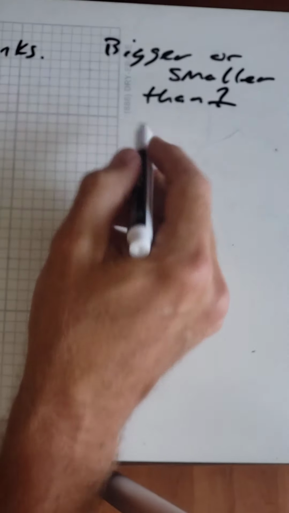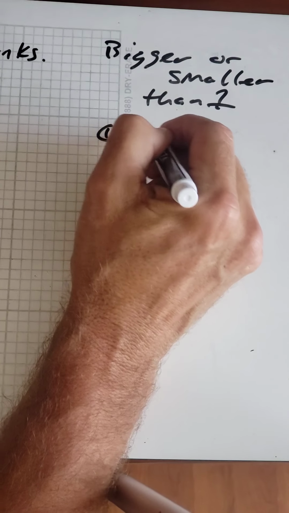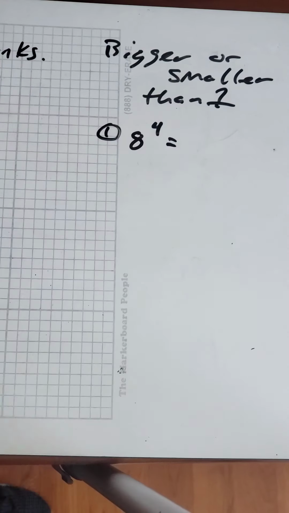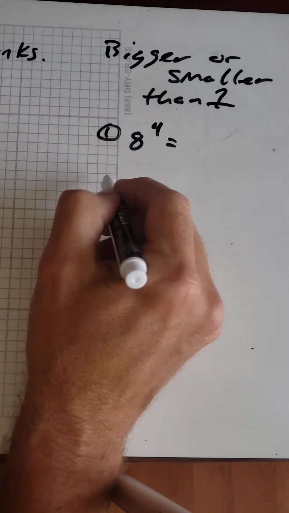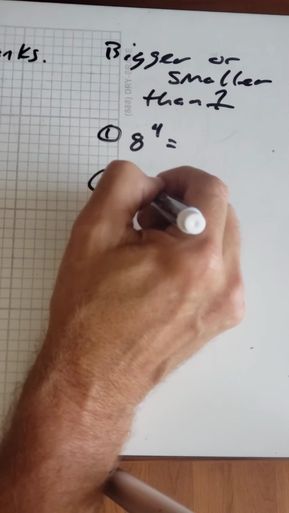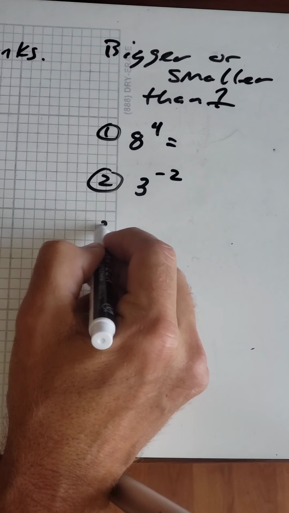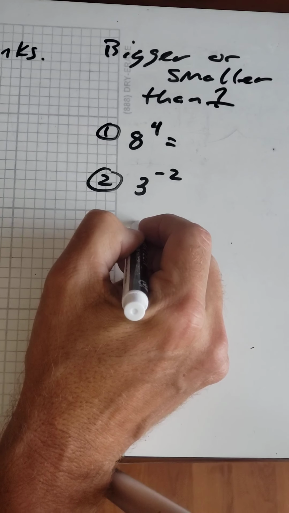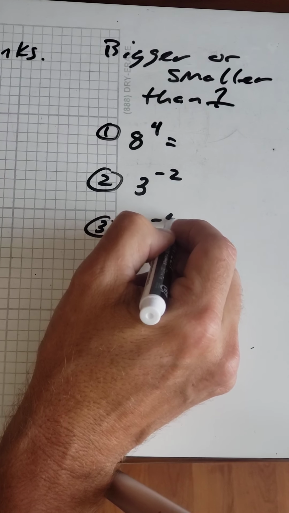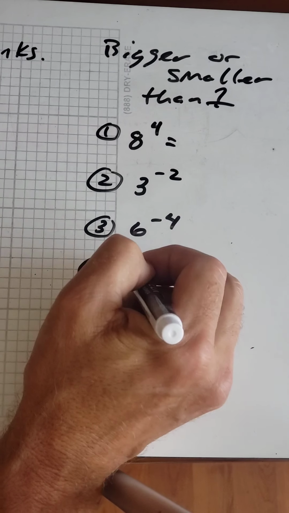Is the number bigger or smaller than 1? All right, so here we go. Is that number going to be bigger or smaller than 1? Okay, so I'm going to just write a couple up here, and you tell me if it is bigger or smaller than 1. Oops, I don't know why I did 3 twice.